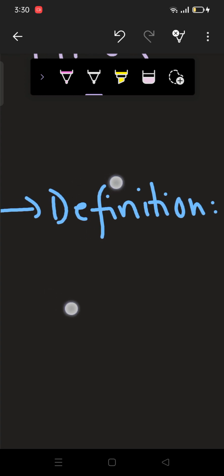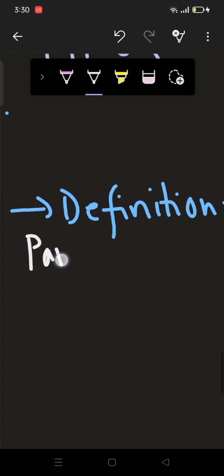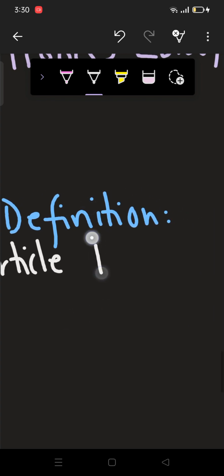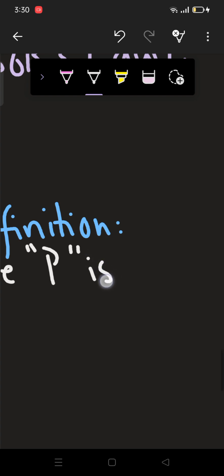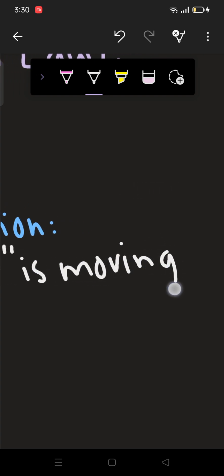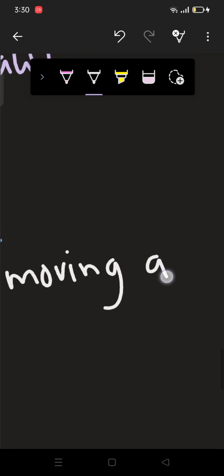Okay, let's write with white, then we're going to highlight it. Now see, the particle P is moving along a circular path.